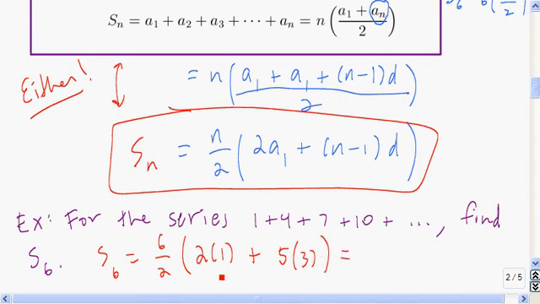So that's 3 times 2 plus 15. 3 times 17 is 51. So s sub 6 is 51.